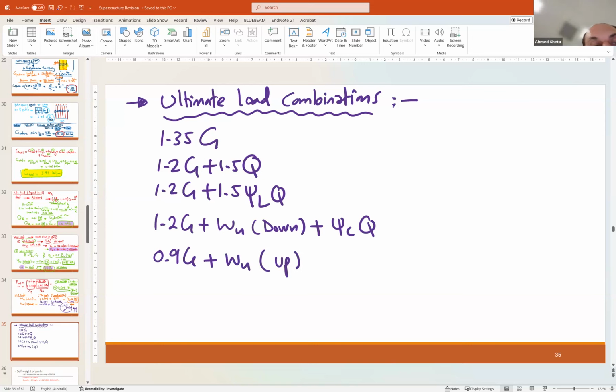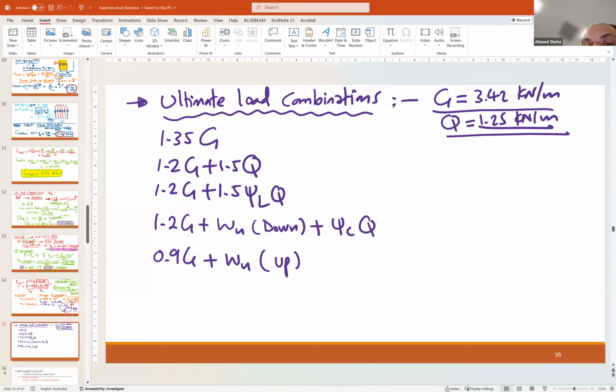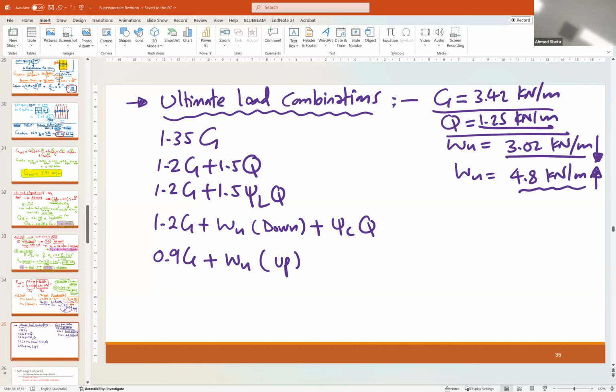So from the previous calculation, we have found that G equal to 3.42 kilonewton per meter, Q equal to 1.25 kilonewton per meter, and we have two values for W. WU equal to 3.02 kilonewton per meter down, and WU equal to 4.8 kilonewton per meter up. So these are the values we got now.